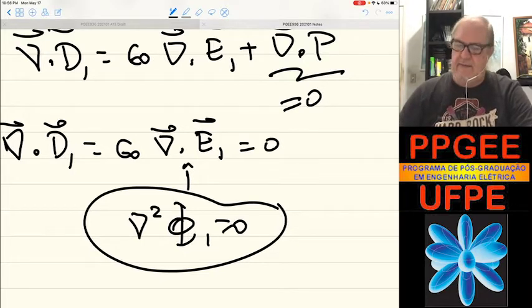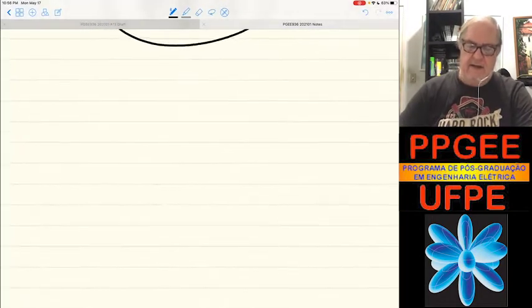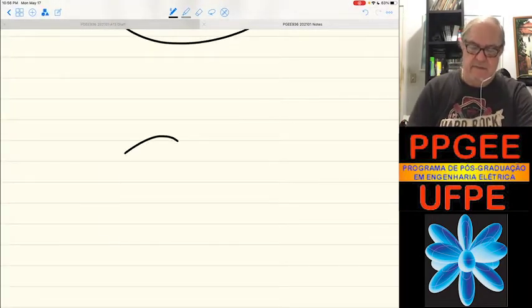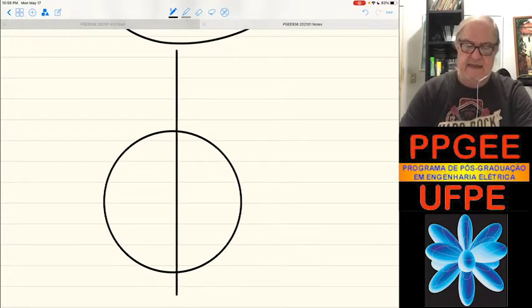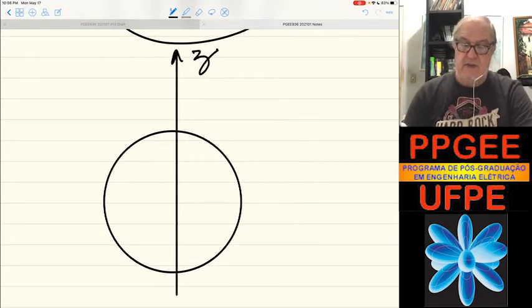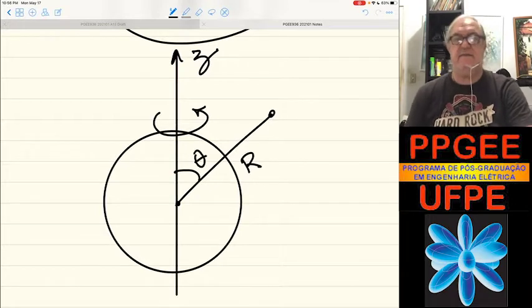Again, we have a problem here. We have the sphere, right? And we have a z-axis, let's say. So we don't have dependence on phi, but the quantities depend on r and on theta.